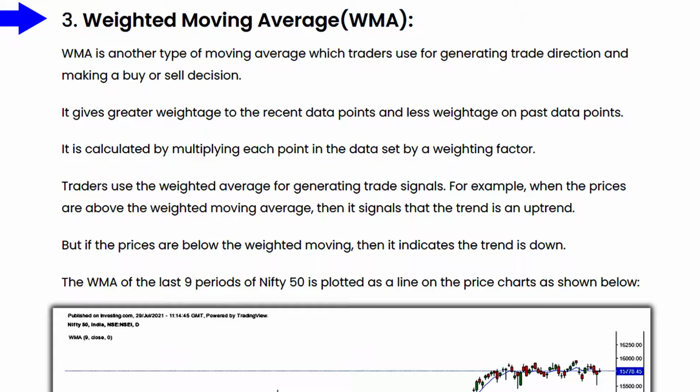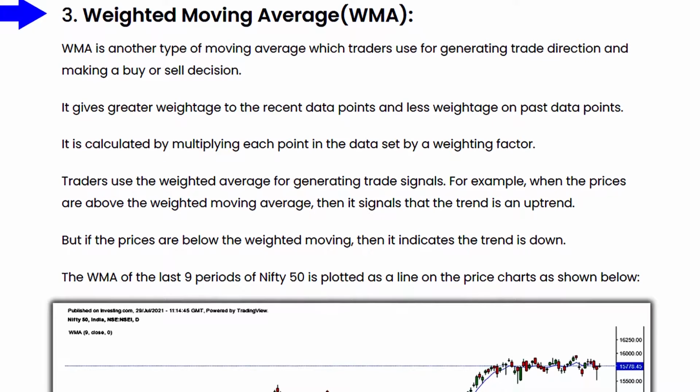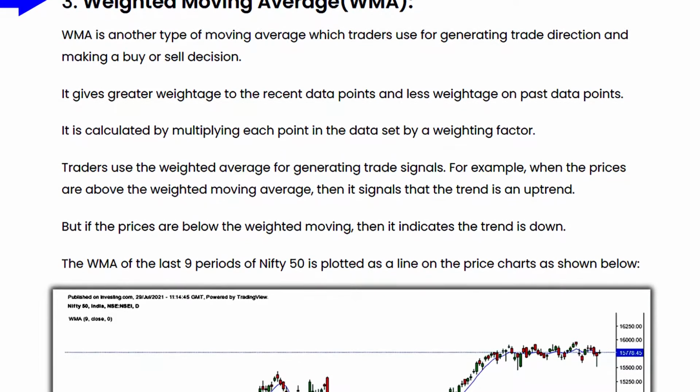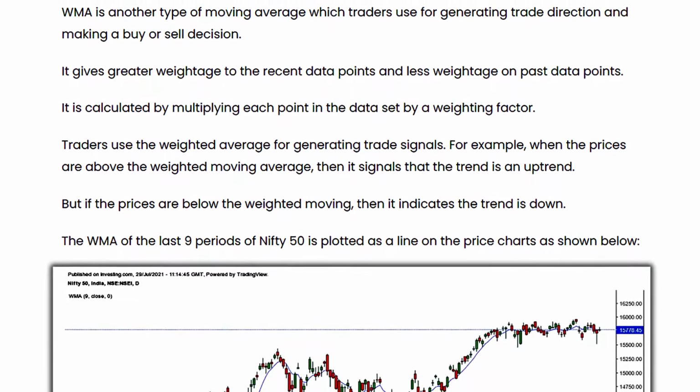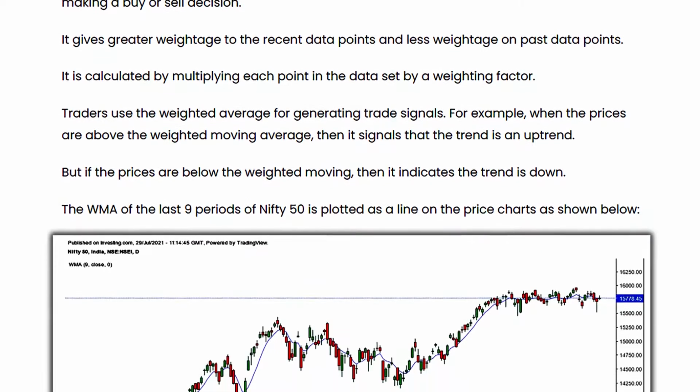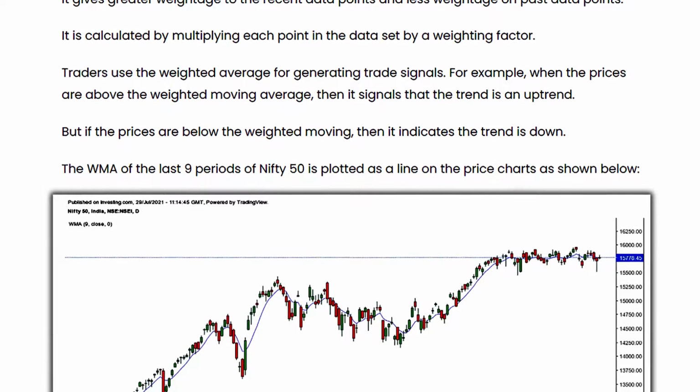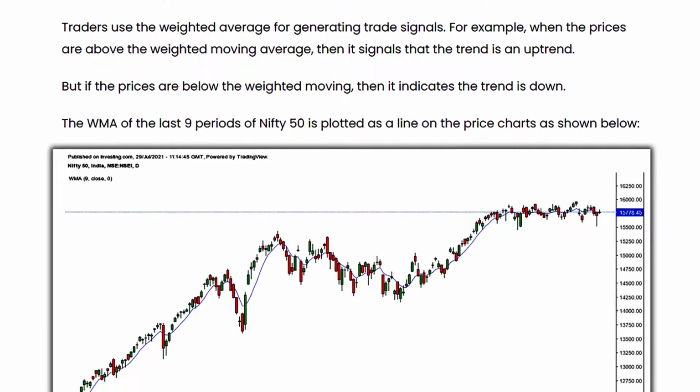3. Weighted moving average, WMA. WMA is another type of moving average which traders use for generating trade direction and making a buy or sell decision. It gives greater weightage to the recent data points and less weightage to past data points. It is calculated by multiplying each point in the data set by a weighting factor.